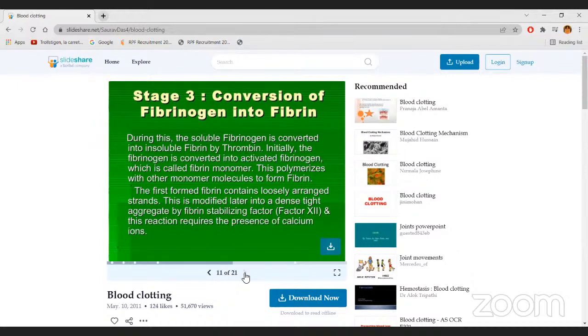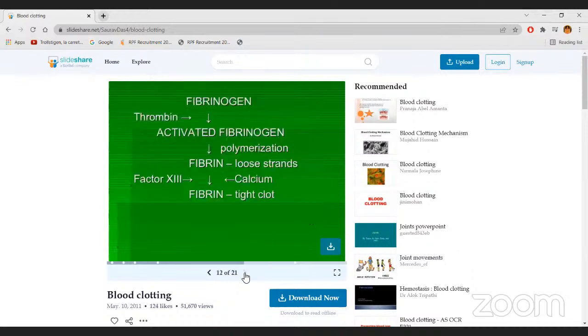The first formed fibrin contains loosely arranged strands. This is modified later into a dense, tightly arranged aggregate by the fibrin stabilizing factor 13. This reaction requires the presence of calcium ions.